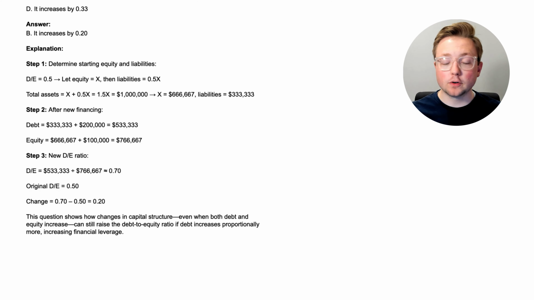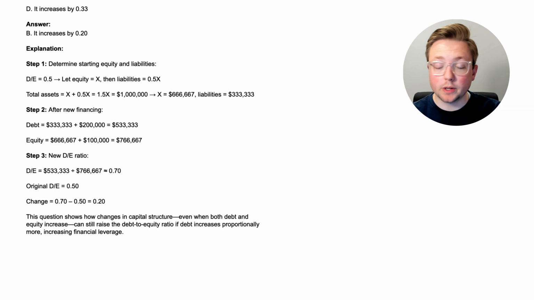So let's go through this. First off, we have to figure out what the equity and liabilities are. We were only given the debt-to-equity ratio to start and the assets. But because of the accounting equation, we can figure out what that is. The debt-to-equity ratio is 0.5, meaning if equity is X, then liabilities is 0.5X, or half of the equity.